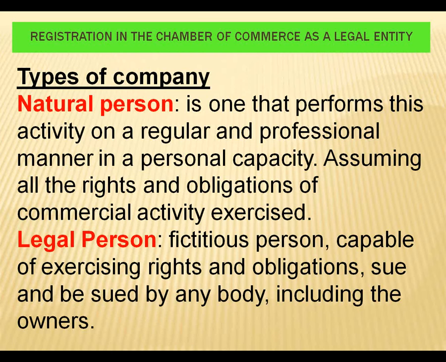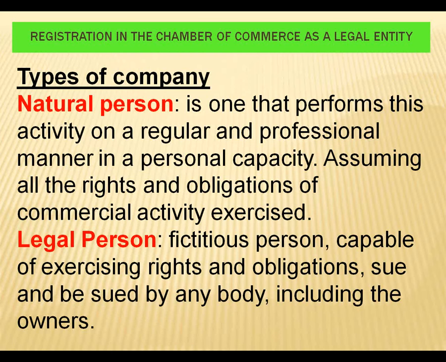They open that kind of company, assuming by opening it all the rights and obligations of the activities exercised in the business. On the other hand, we have the legal person, that is a fictitious person.